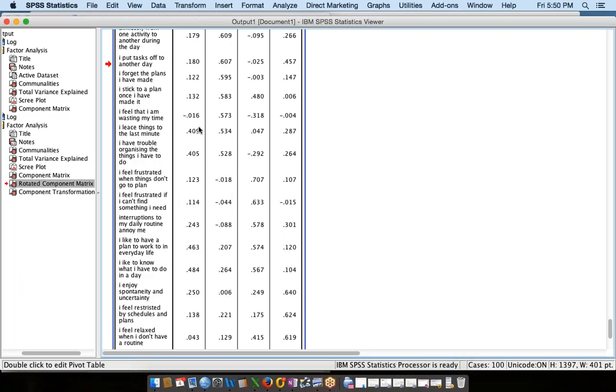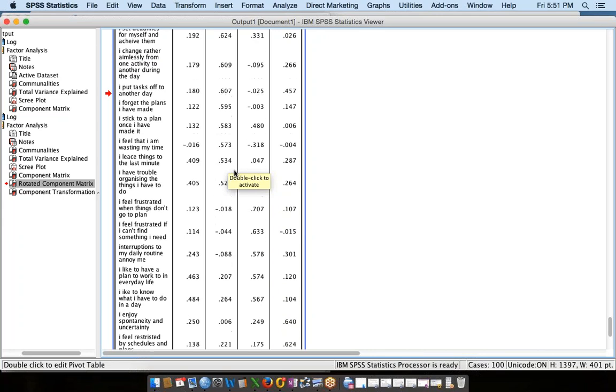Here's another couple of items that have really strong cross-loadings. And either you may want to remove these if you have enough items and you have a reliable enough subscale, or rewrite them. But these also, the way they're worded, have a great deal to do with each other.